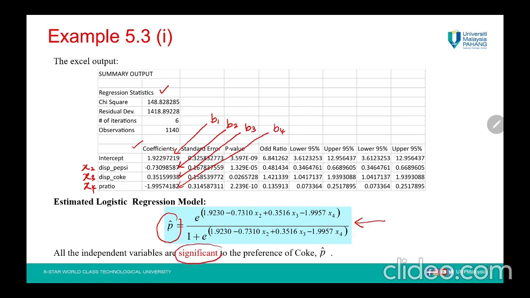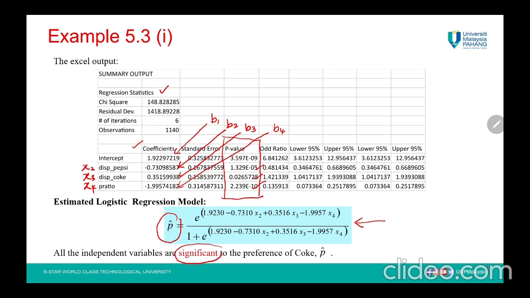Significance, because when we look at the p-value part here, the p-value for all independent variables is less than alpha, and since alpha is not given here, we use the standard alpha.